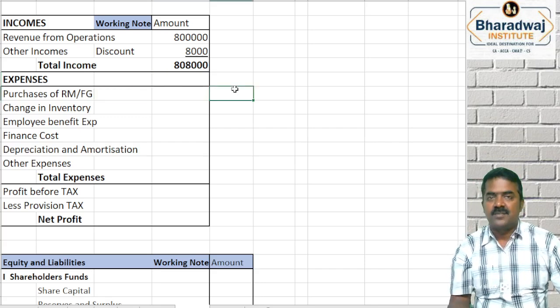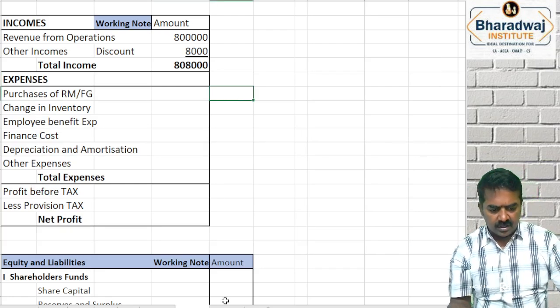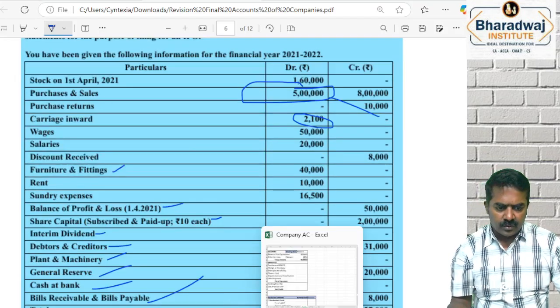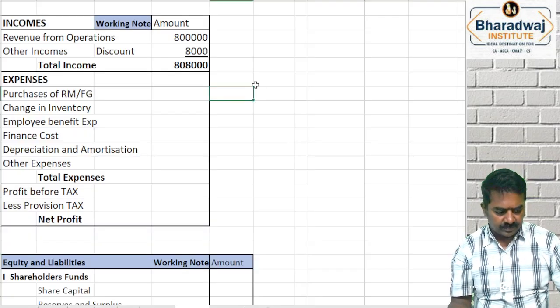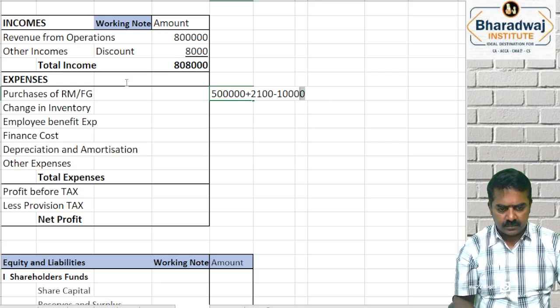What is purchase of raw material and finished goods? 5 lakhs gross, with working: 5 lakh plus 2,100 minus 10,000. Four lakh 92,100.